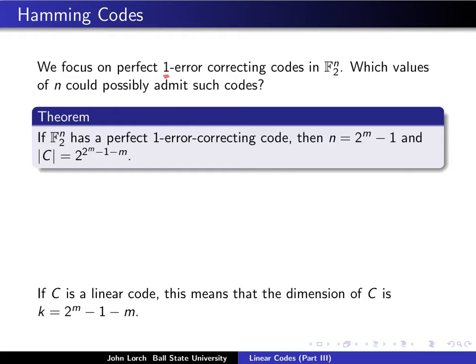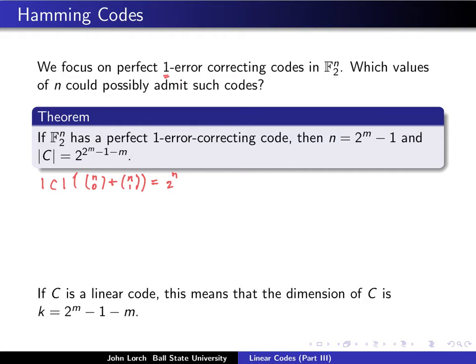Okay, so where are these numbers coming from? Well, remember from the previous slide that a perfect 1 error correcting code must achieve the packing bound. So that means that the size of the code times (n choose 0 plus n choose 1) must be equal to 2^n.